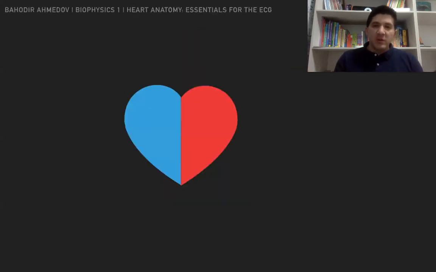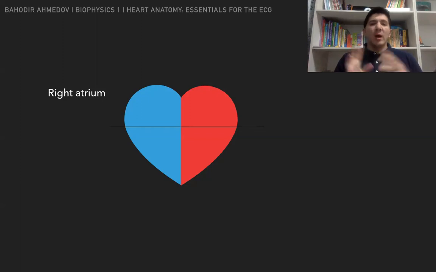First of all, we need to look at the heart and divide it into four parts, basically. The upper part is going to be called the atrium, and the lower part is going to be called the ventricle. One thing you need to remember is that the orientation in the heart is mirrored.